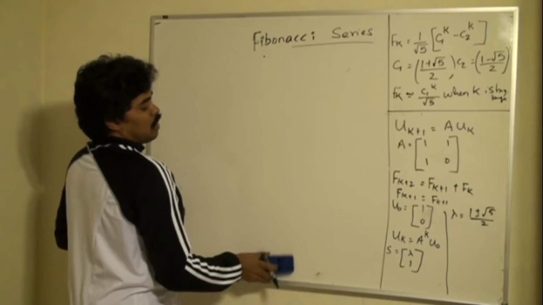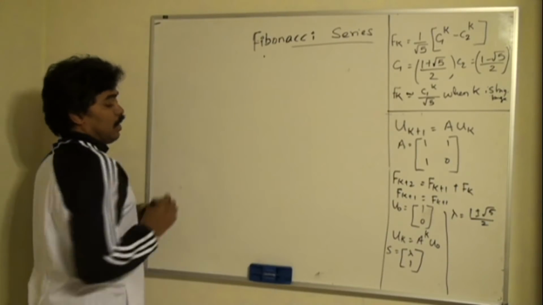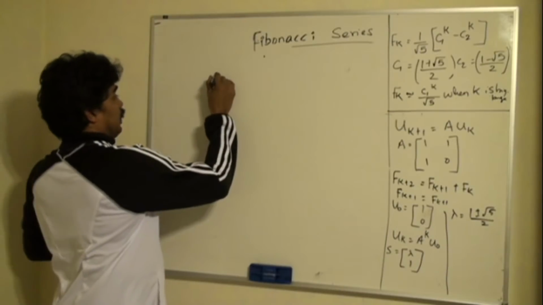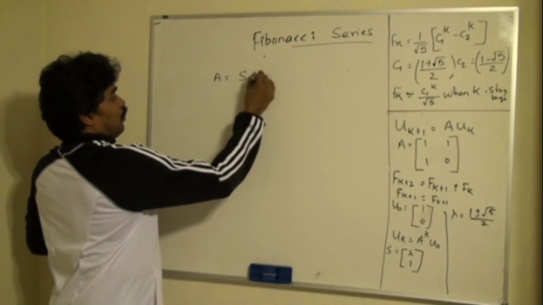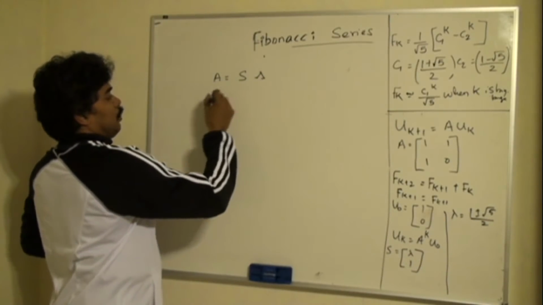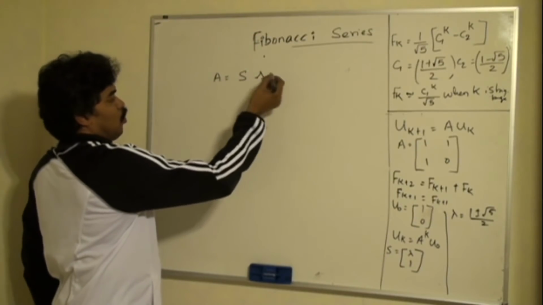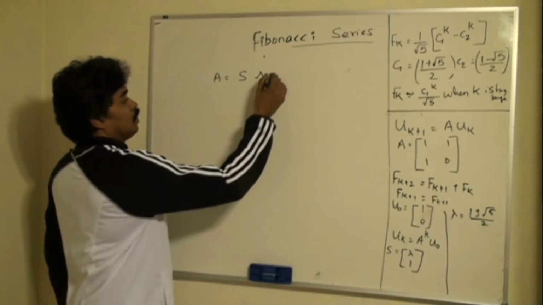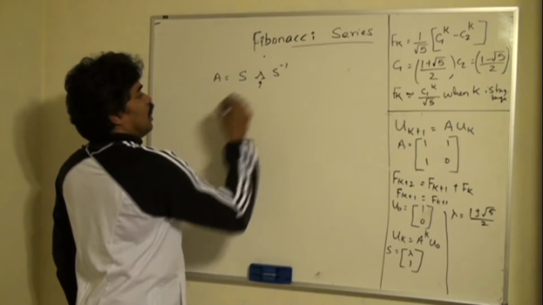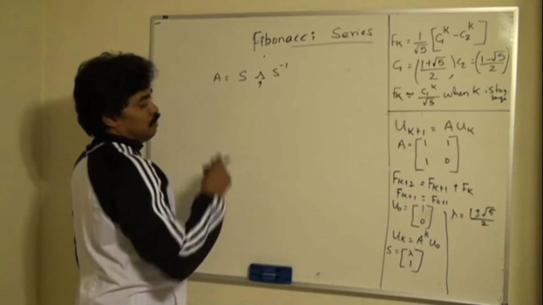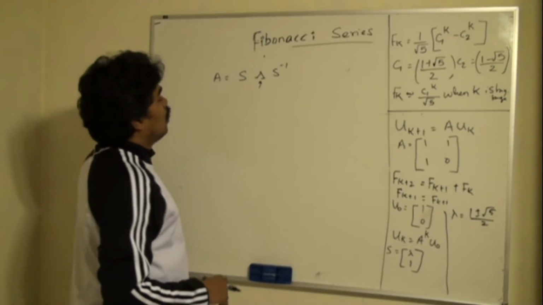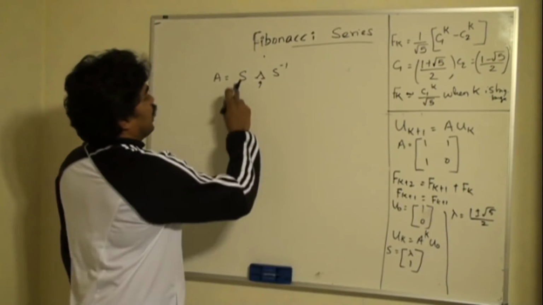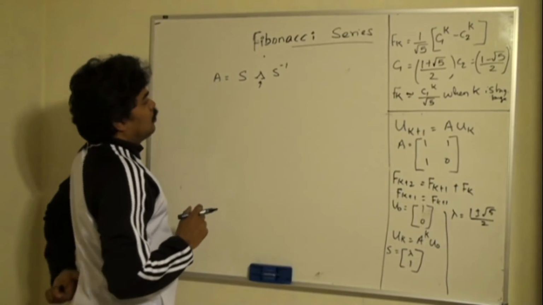Okay. What is the purpose of doing the diagonalization? Basically, we found a way to write this matrix A in terms of eigenvalues and eigenvectors. The eigenvalues are going to be on the diagonal of this matrix, this is the eigenvector matrix, and this is its inverse.